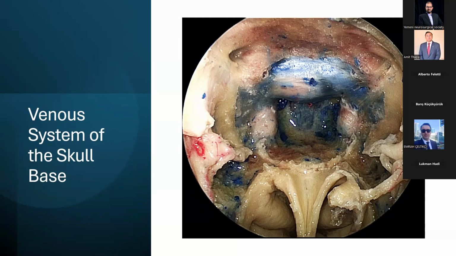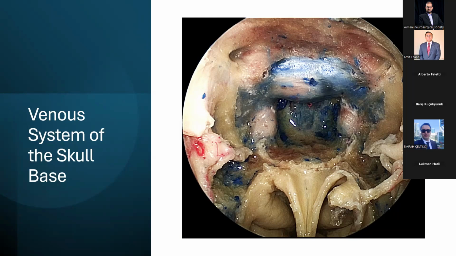So the cavernous sinus and the basilar plexus, which is the venous plexus behind the clivus, and the intercavernous sinus are all connected to each other between the layers.